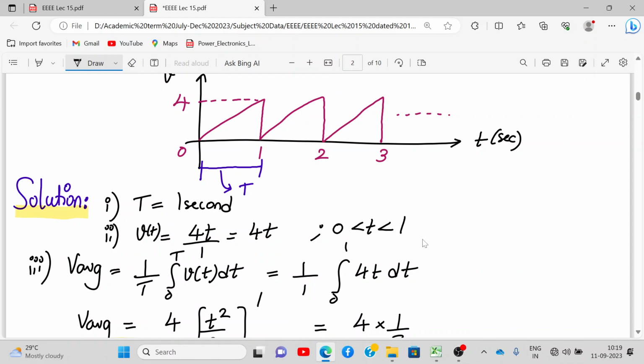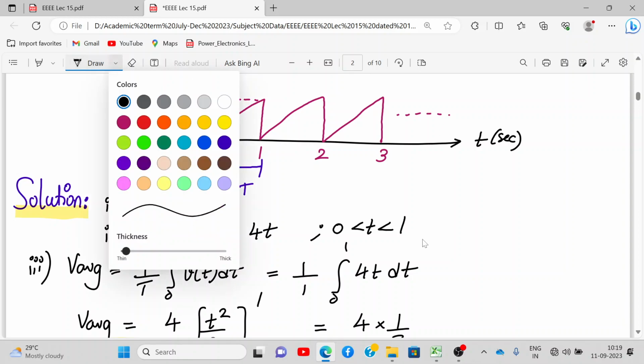Half into? This is not a triangle, right? It's not a square. So this area divided by the base, which is t. That will be 1. We'll solve one more numerical and then it will be more clear. Understood?